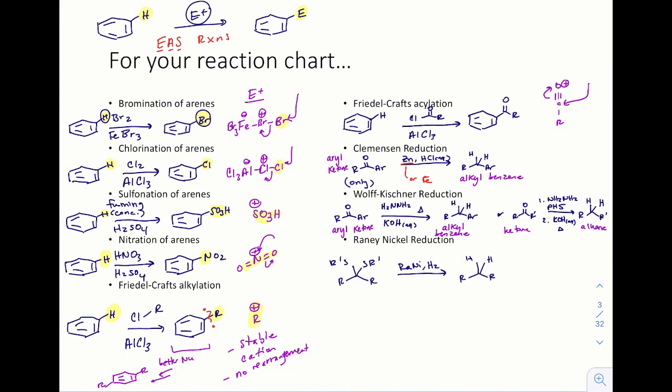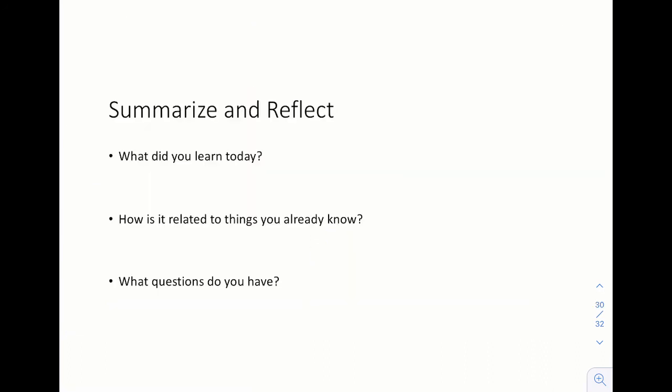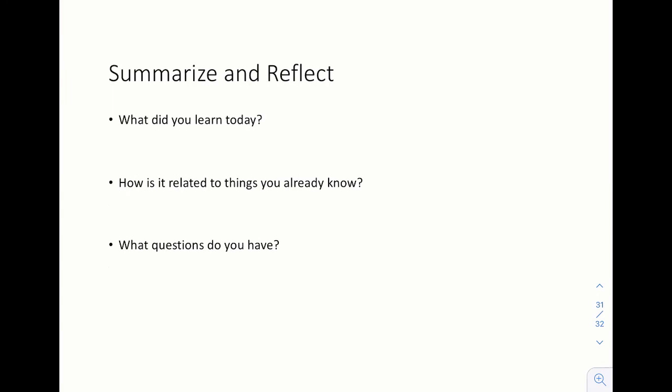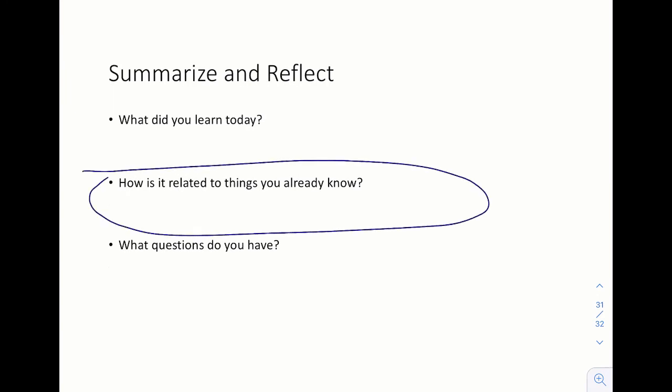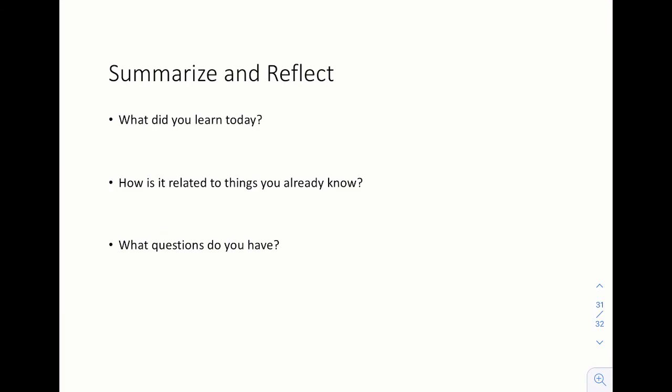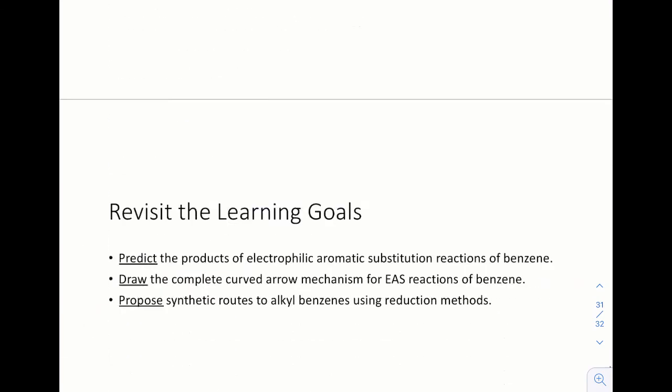And then we discussed various ways that this ketone could be converted to alkyl benzenes as an alternative to the Friedel-Crafts alkylations, which have these issues. Okay, so that's where Clemmensen, Wolff-Kishner, and Raney-Nickel reductions come in. Please summarize and reflect on what you learned today, how it relates to reactions you already know, and there's many ways that what you learned does relate to previous knowledge you have. Think about what questions you have and please ask me.